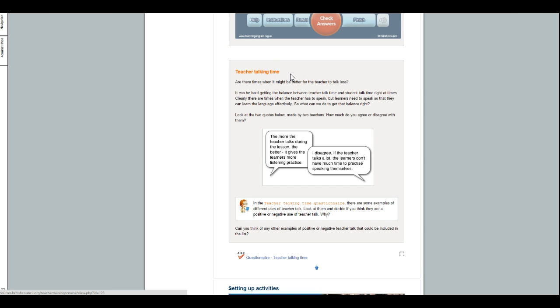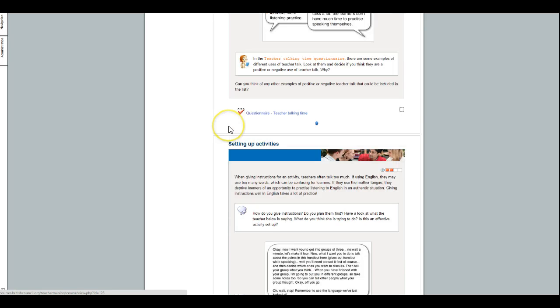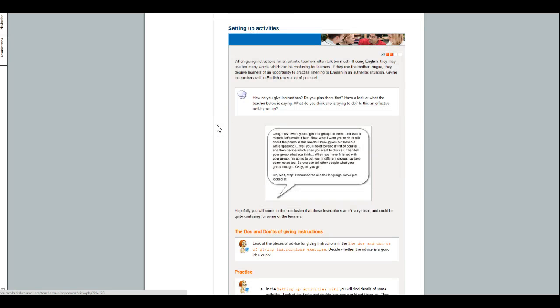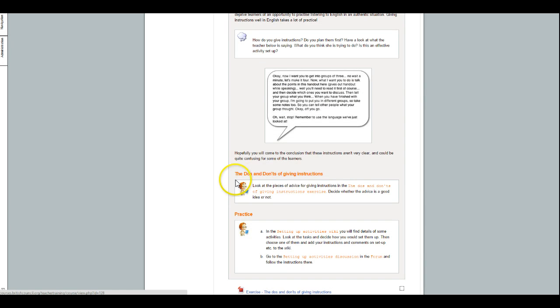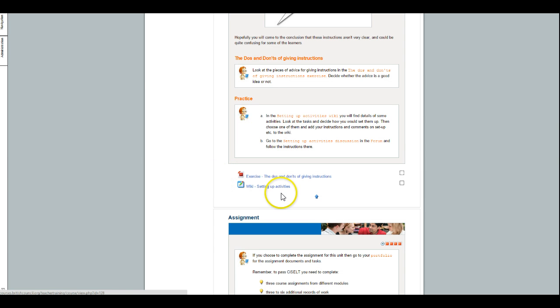Here we need to think about how much we're using the language in the classroom, and are we dominating the discussion? Are we really giving the students the opportunity to use the language in the classroom more than we do, which is the objective, really? Then we take a look at setting up activities, the do's and don'ts of giving instructions, and then we have another wiki here.